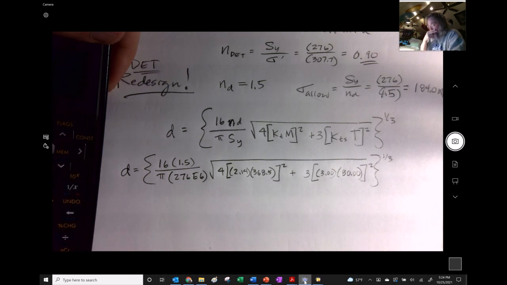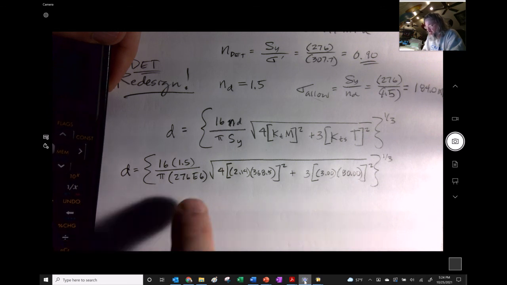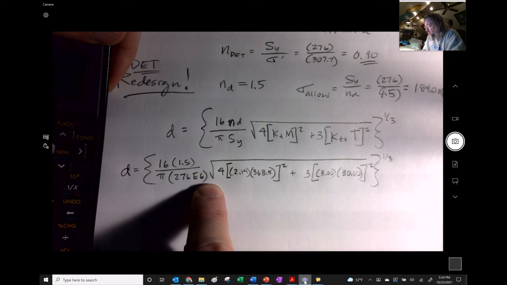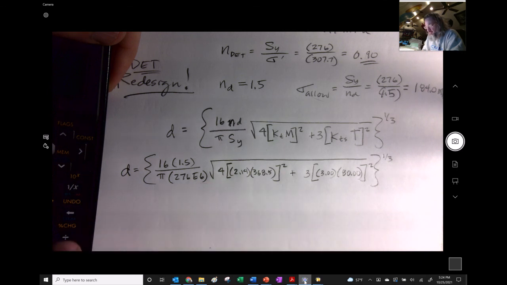Multiply by 16, multiply by 1.5, divide by pi, and divide by 276 e to the 6 megapascals. Divided.